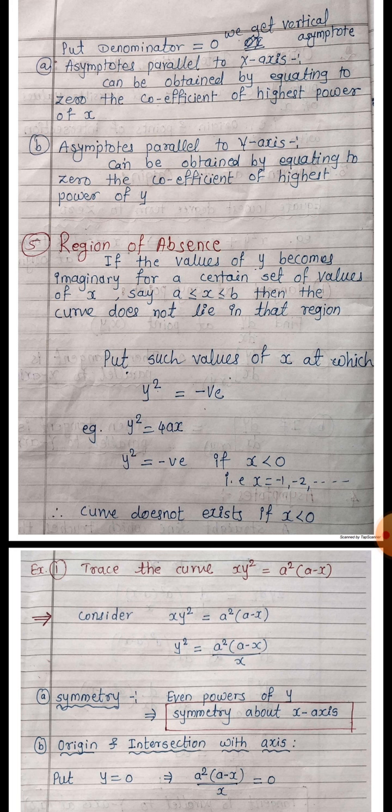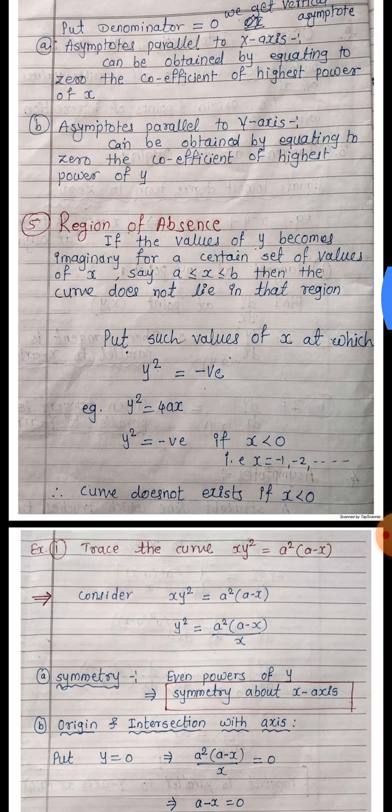For finding asymptotes parallel to x-axis. If the symmetry about y-axis, then we find the asymptote parallel to x-axis. For finding this, we equate the coefficient of highest power of x to 0. Here, if we equate this to 0, then we get the asymptote parallel to x-axis or x-axis itself.